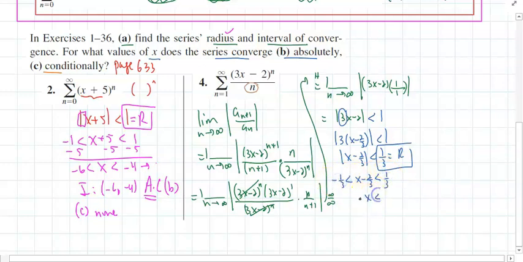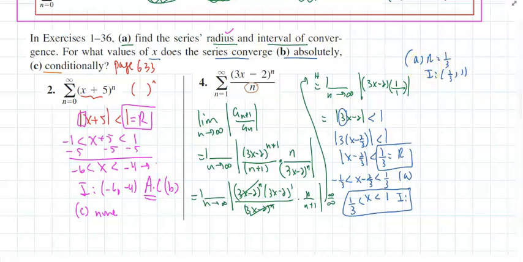If I add 2/3 to both sides, that will be 3/3, which is 1. And that will be negative 1/3 plus 2/3, which is 1/3. This is my interval of convergence. This is part A. So far this is what I have. A states the radius of convergence is 1/3 and the interval of convergence is 1/3 to 1.